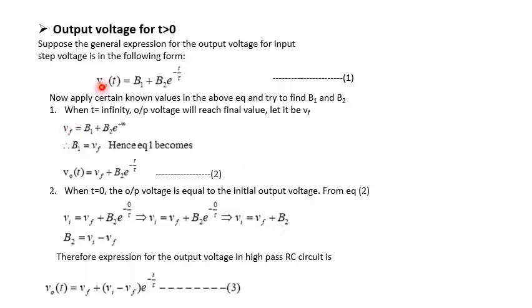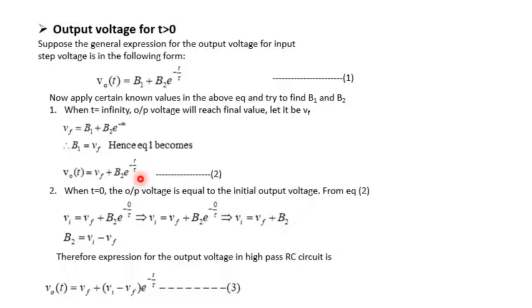Therefore, the output Vf is equal to B1 plus B2 into e raised to the power minus infinity, because t is infinity. Now e raised to the power minus infinity will become 0. Hence, B1 is equal to Vf. Hence, this constant B1 is equal to the final voltage, that is Vf. Hence, equation number 1 becomes V naught(t) is equal to Vf plus B2 e raised to the power minus t upon tau.